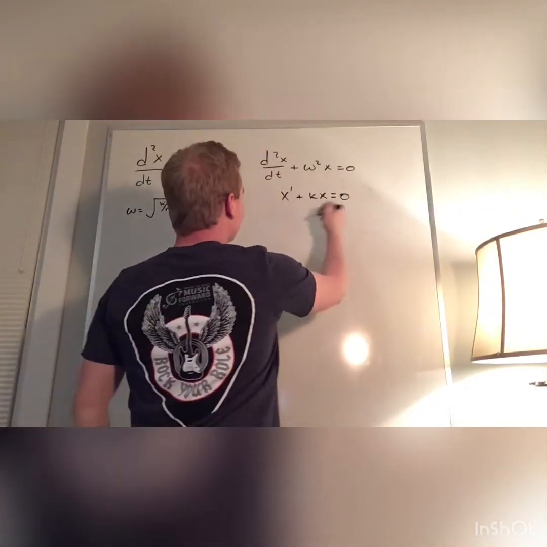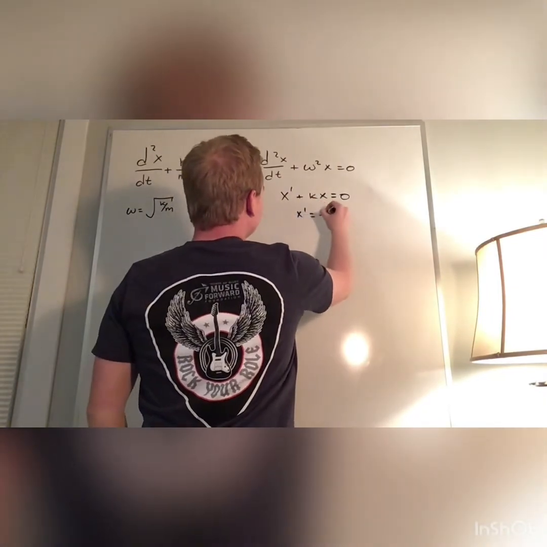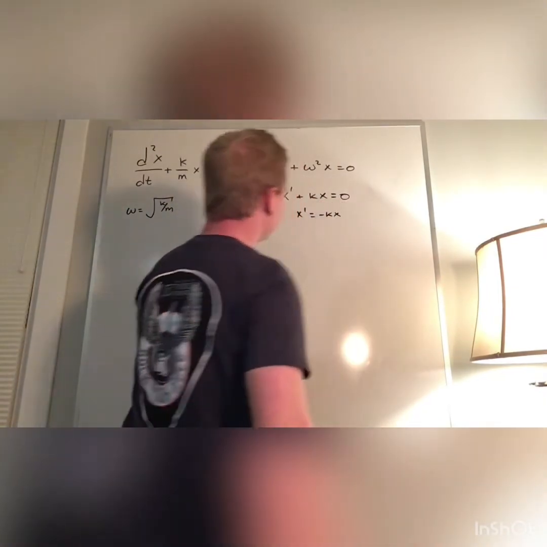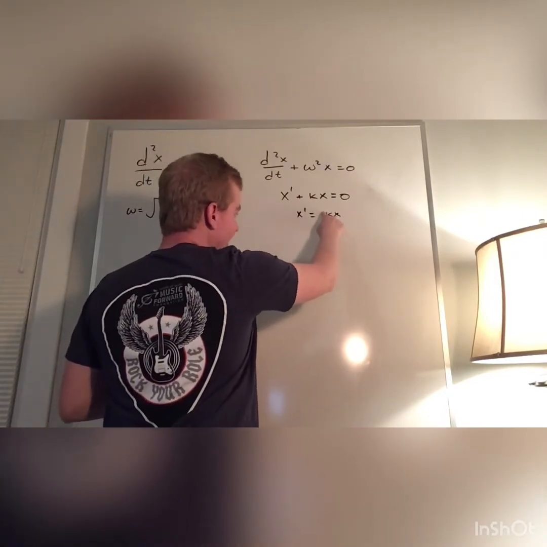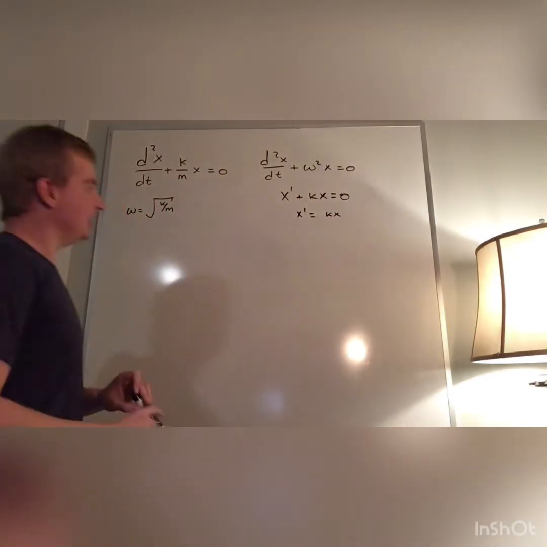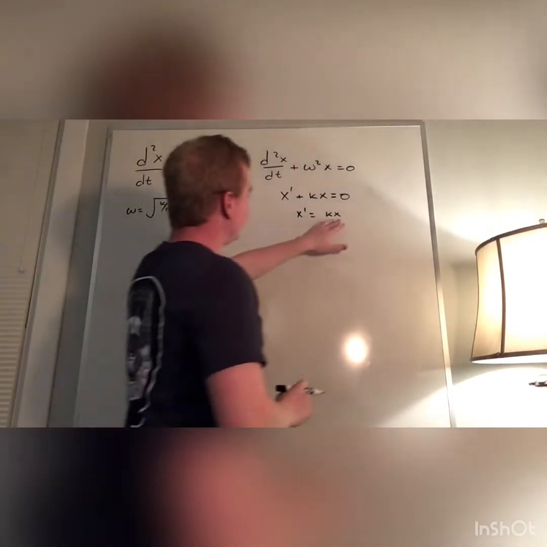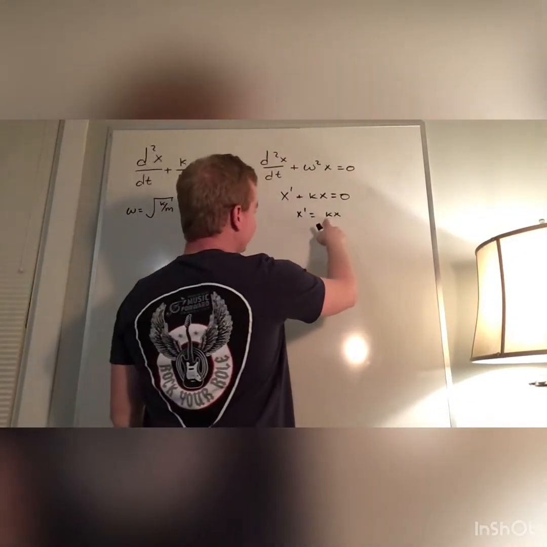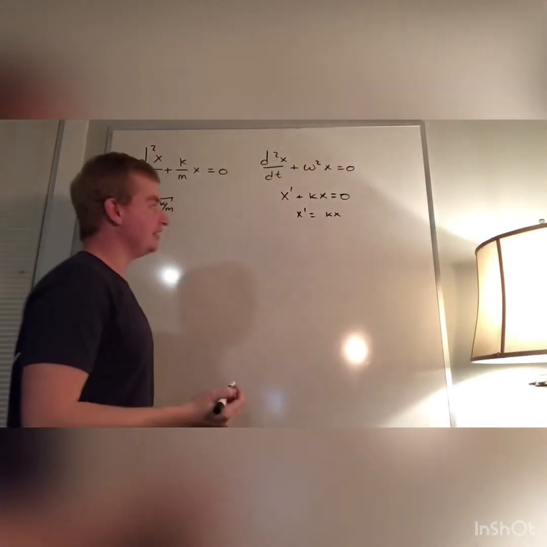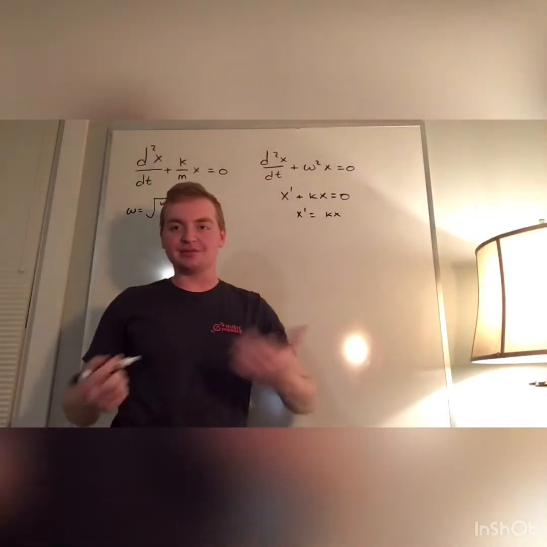If I subtract this over, we have x primed is equal to negative k times x. Now negative constant is just the same thing as a constant, so we can erase that. So we're looking for a solution where the derivative is just equal to some constant times itself. And that's just an exponential function.